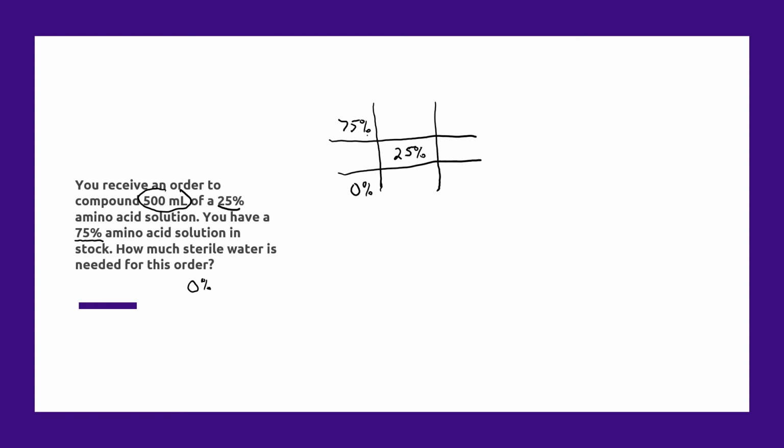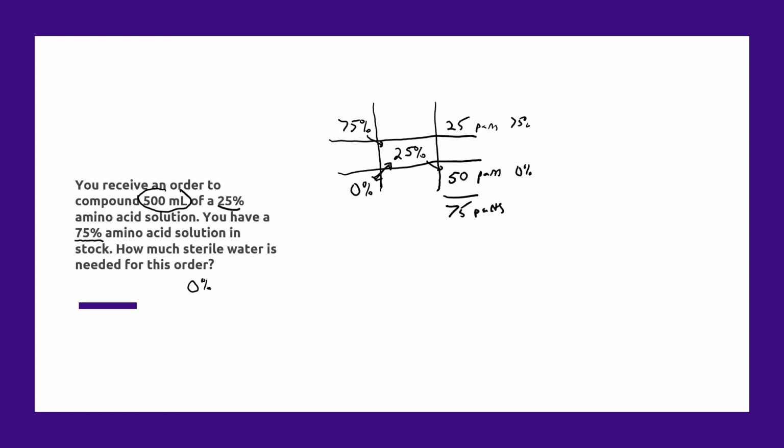And then we do the same thing we did on the last example, 75 minus 25, so I believe that is 50, and then 25 minus 0, which is going to be 25. So this means we're going to have 25 parts of 75% solution for every 50 parts of 0% solution or sterile water, and the total here is 75 parts.